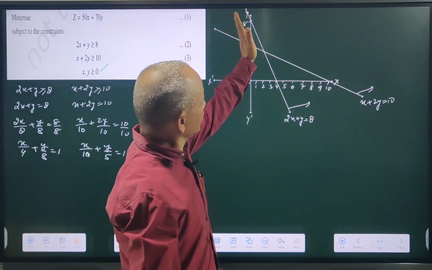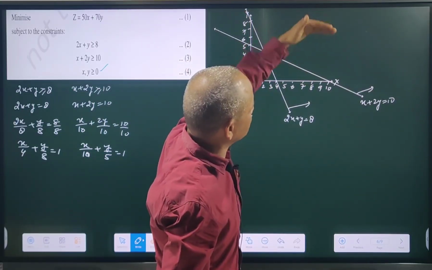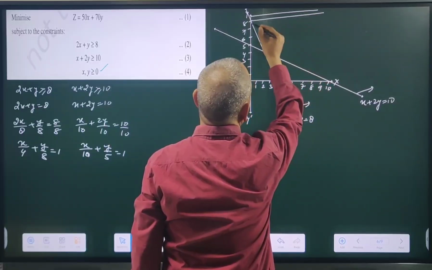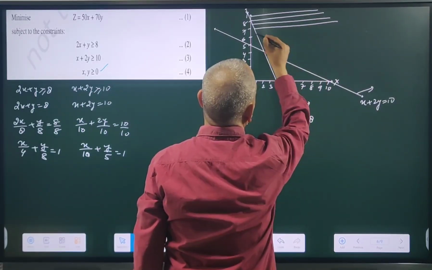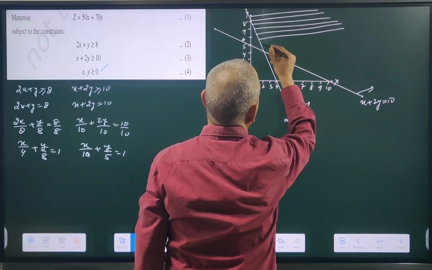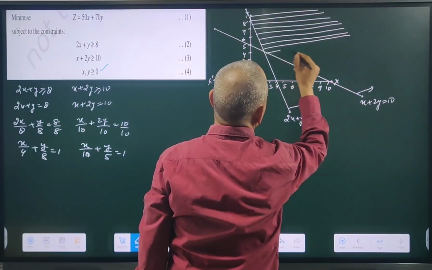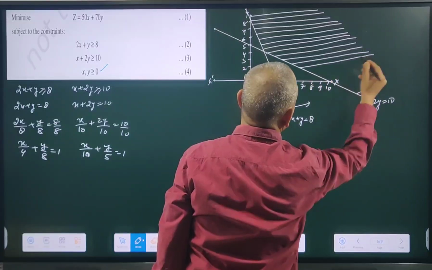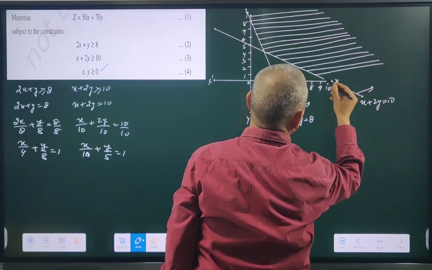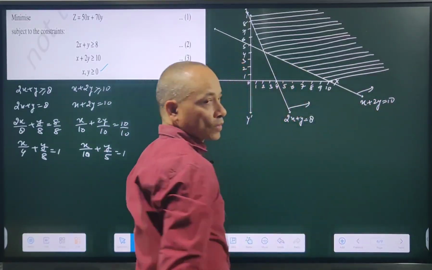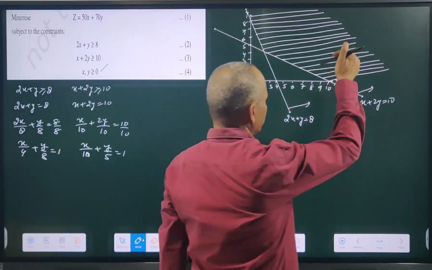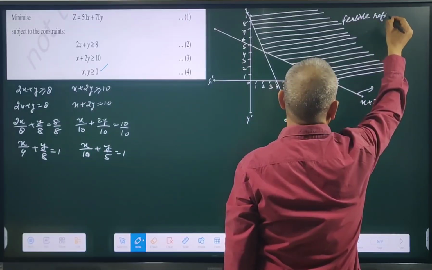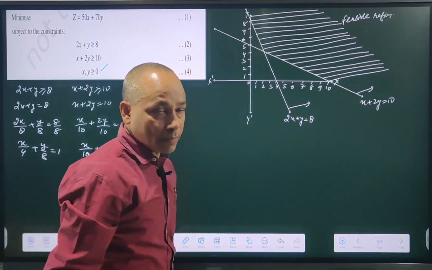So the region above this line, and in the first quadrant, this is the feasible region. Now the region is unbounded.